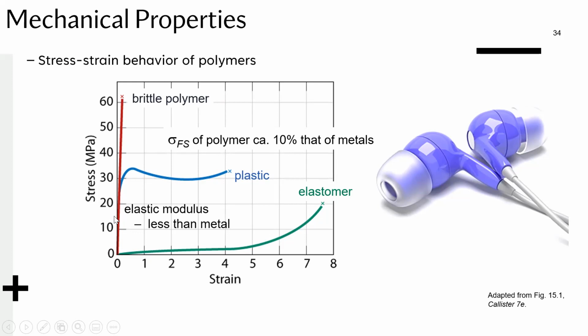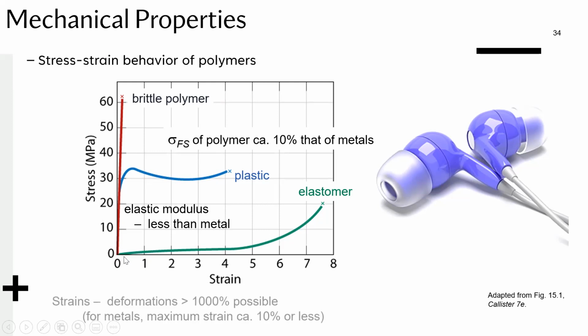Another observation is that the elastic modulus is a lot less than metals. Metals are a lot stiffer. You don't get this much deformation with this small of a stress. In metals, you have to have a lot more stress to reach elongations way smaller than what you see here. And another thing, as I mentioned before, is that the elongation is a lot more.